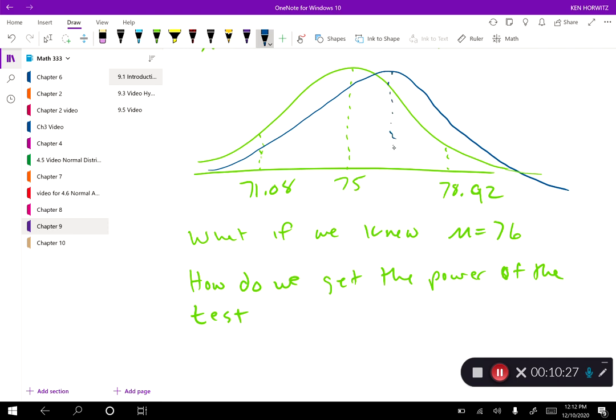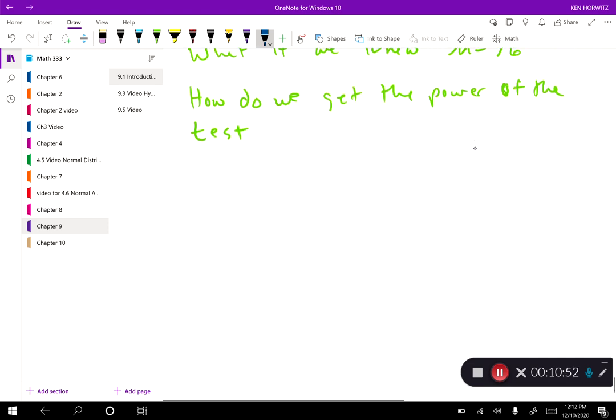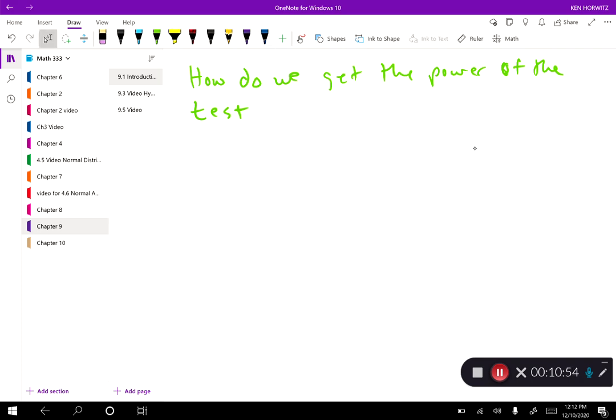So there's 76. What we actually need to look for is that piece and that piece. That's what we're looking for in order to get the power of the test. Let's see if we can complete this problem.